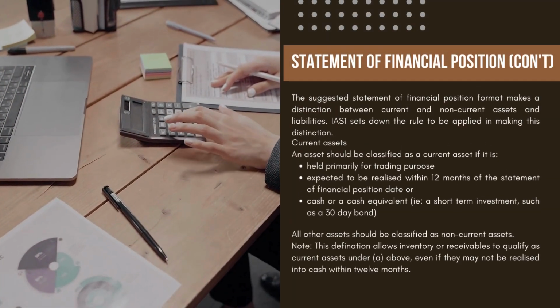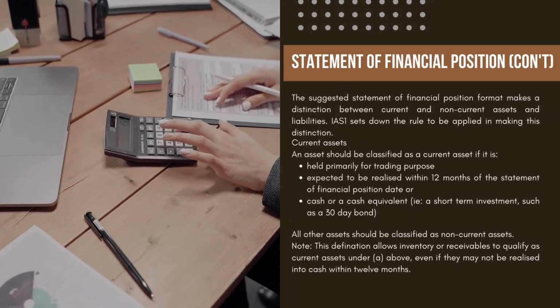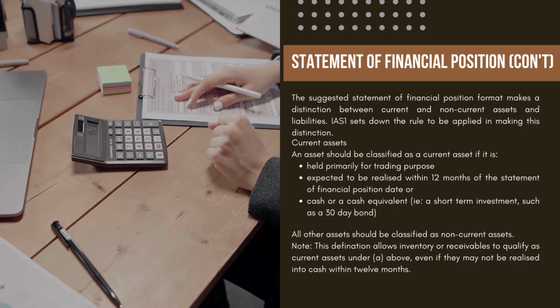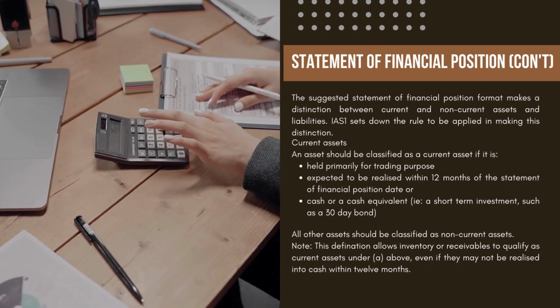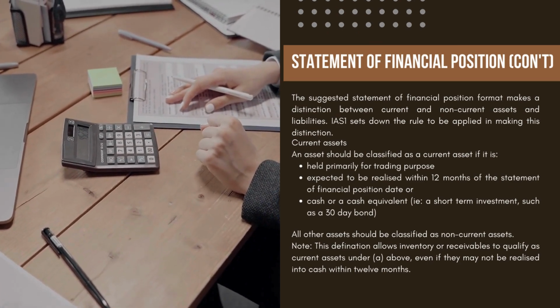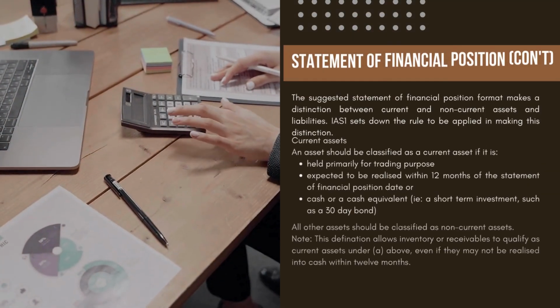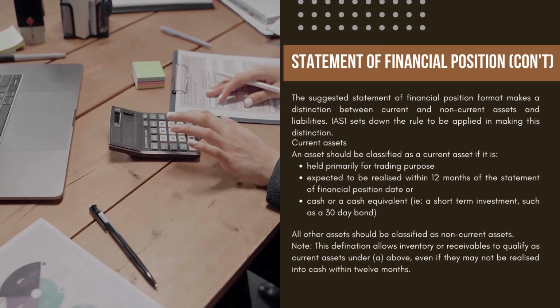The suggested statement of financial position format makes a distinction between current and non-current assets and liabilities. IAS 1 sets down the rules to be applied in making this distinction.